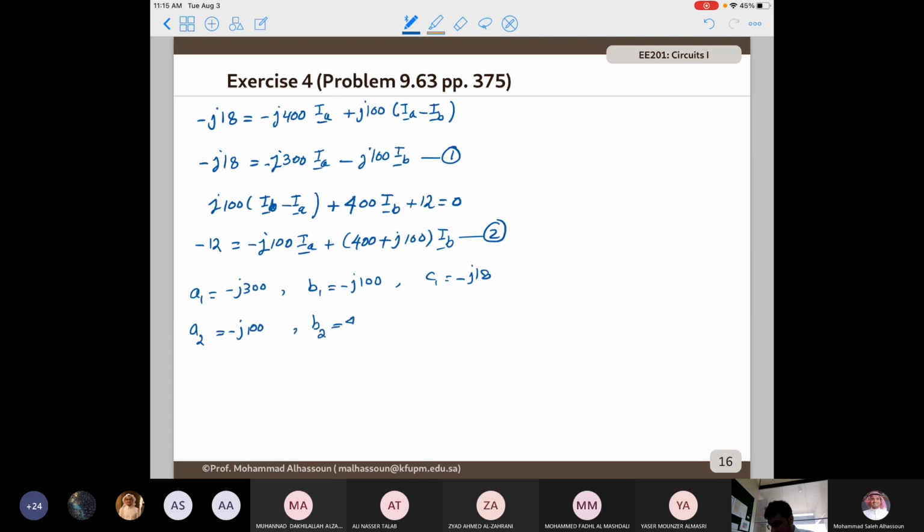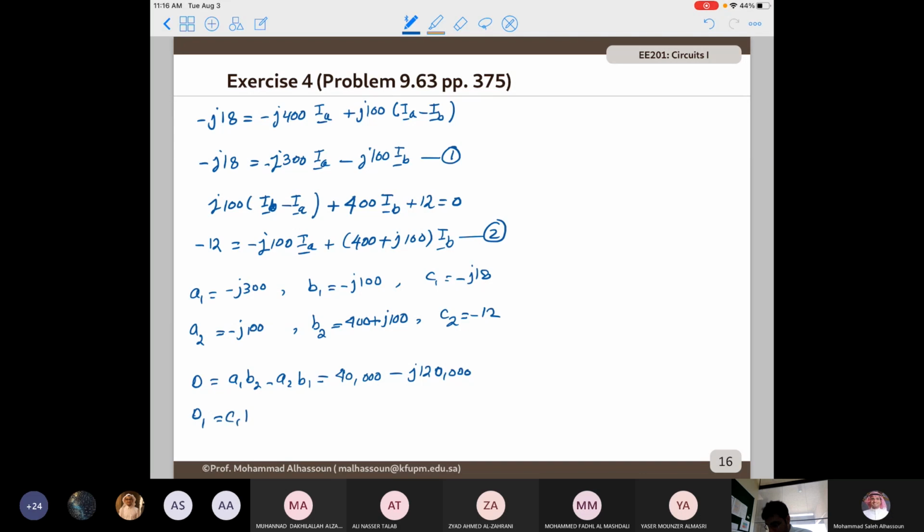B2 is 400 plus J100, and C2 is minus 12. So D is going to be A1 B2 minus A2 B1, and if we do that, we'll get 40,000 minus 120,000.